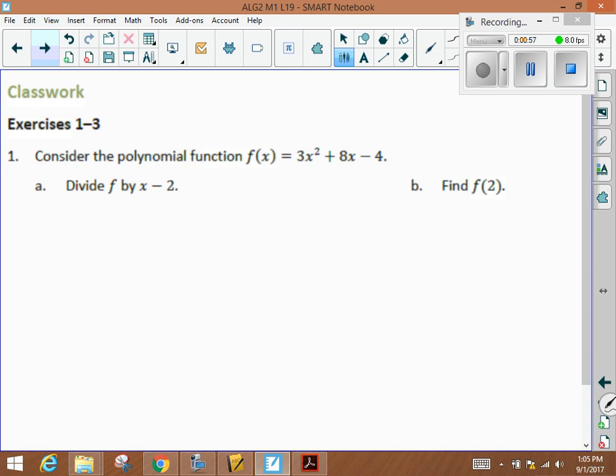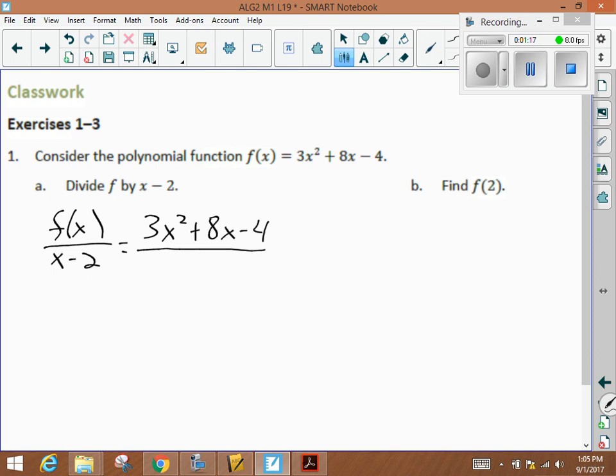So when it says divide f by x minus 2, what is f of x? f of x is 3x squared plus 8x minus 4. What it's telling me is to divide 3x squared plus 8x minus 4 by x minus 2.